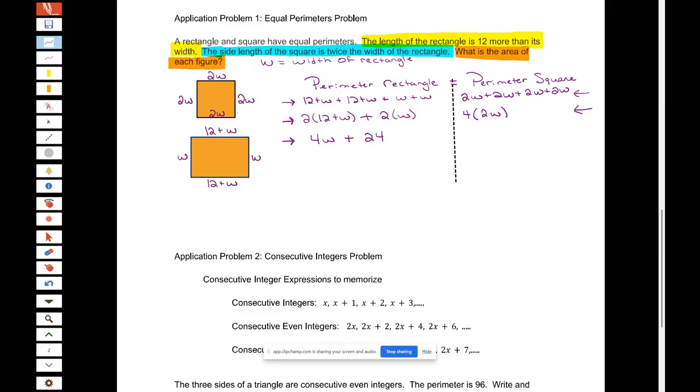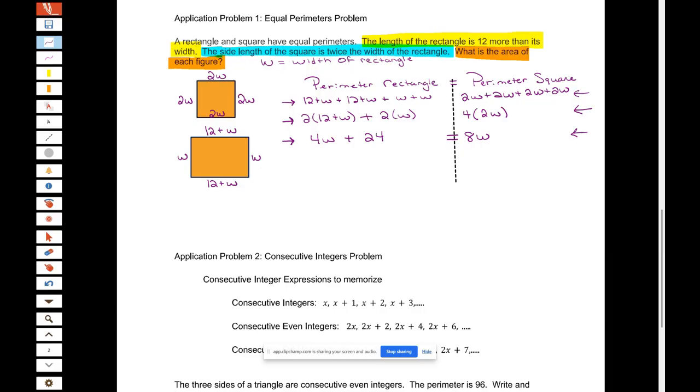Or you could add them up in your head, 2W plus 2W plus 2W plus 2W, and combine the like terms as you write it down and go straight to 8W. So again, it could be any of those that you start with, which is why we include this in the multi-step equations, because depending on which way you think to start it with, you might start with some distributing and like terms in your equation.